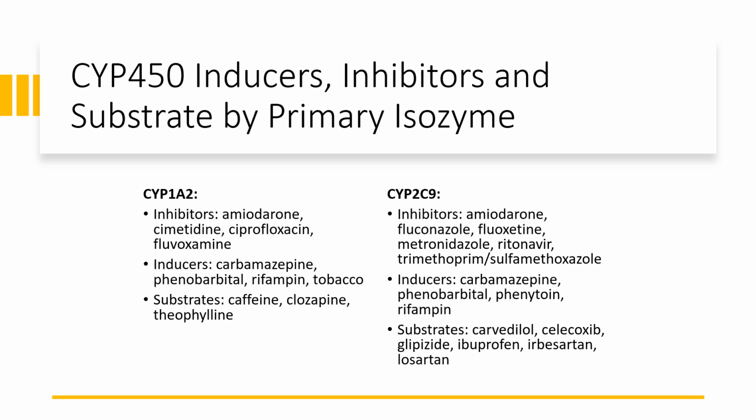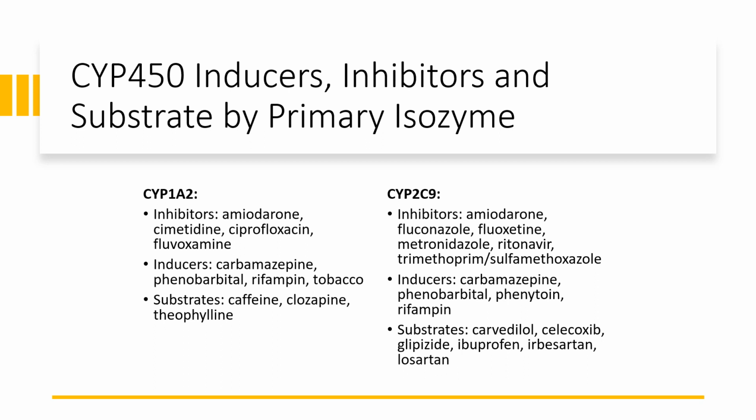So how to read this is that if you have a patient that is taking amiodarone, amiodarone will inhibit the CYP1A2 enzyme. By inhibiting the enzyme, it's going to decrease the activity of the enzyme, meaning decreasing the metabolism of the substrate.